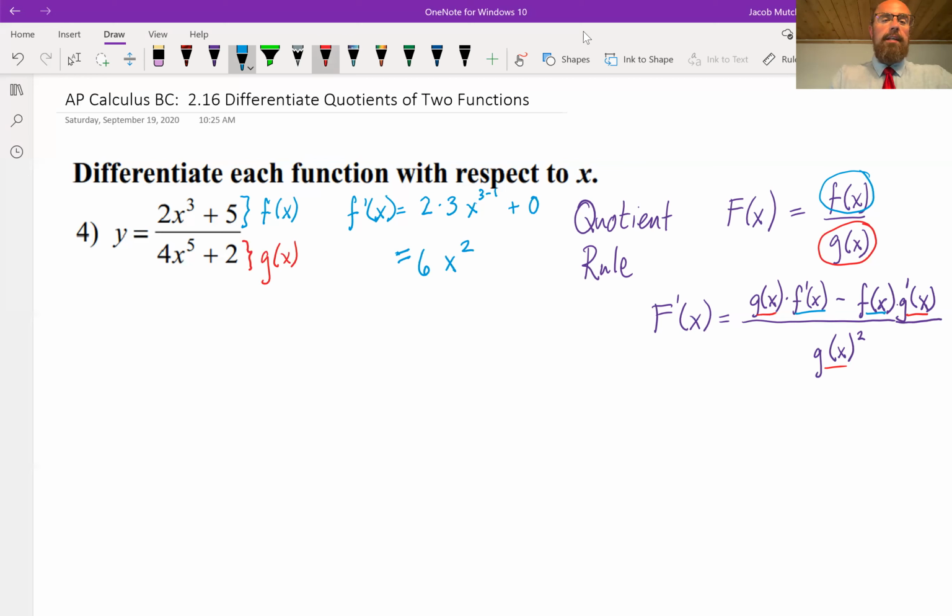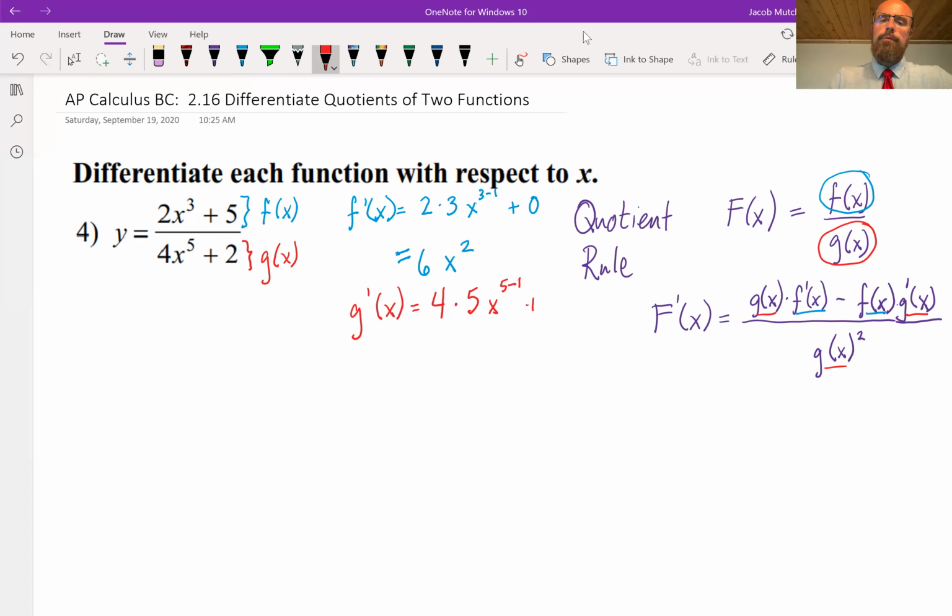I also need to take the derivative of the denominator. So the derivative of g of x will be similar to what we just did with f of x. g of x again is 4x to the 5th plus 2. So I'm going to apply my constant coefficient rule. The 4 just stays. The simple power rule brings down the old power as a coefficient, x to the power of 5 minus 1.